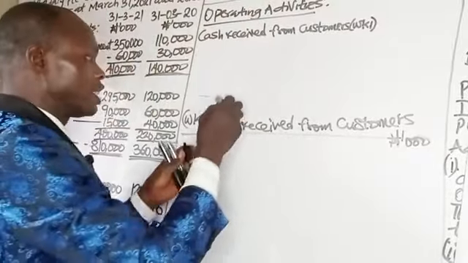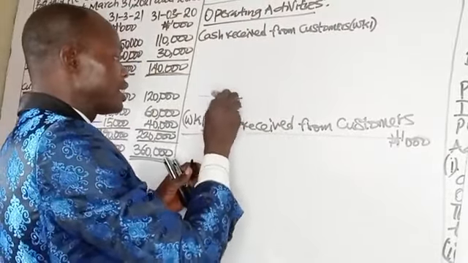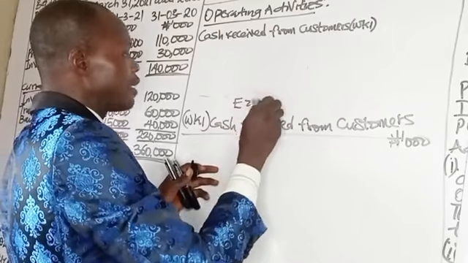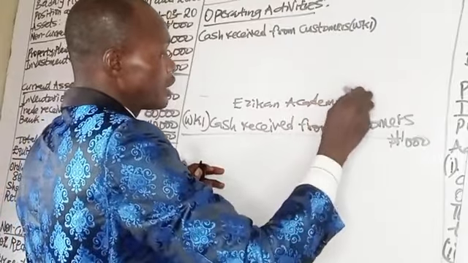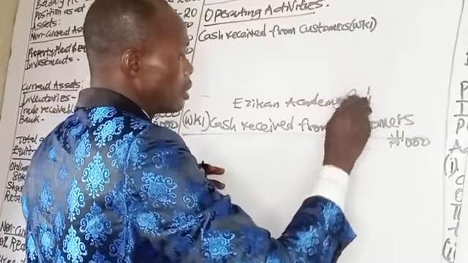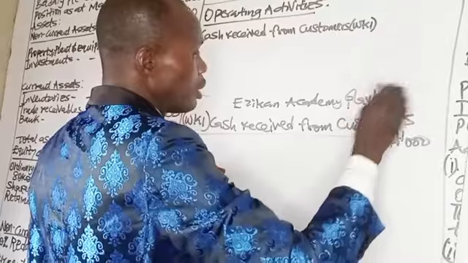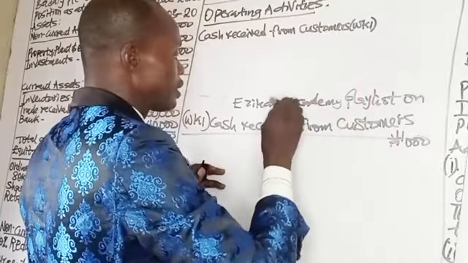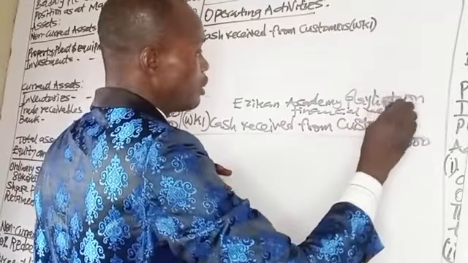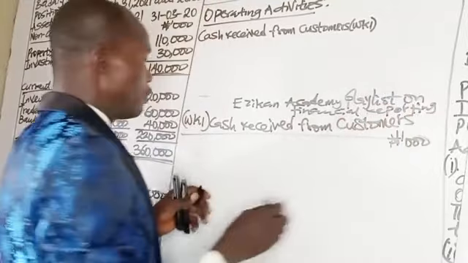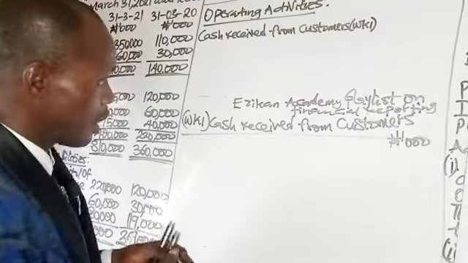Just look for the playlist. ICAN students can search for ZICA Academy playlist on financial reporting. So you will see all the available videos on FR.